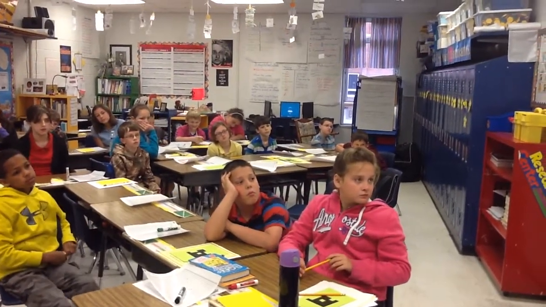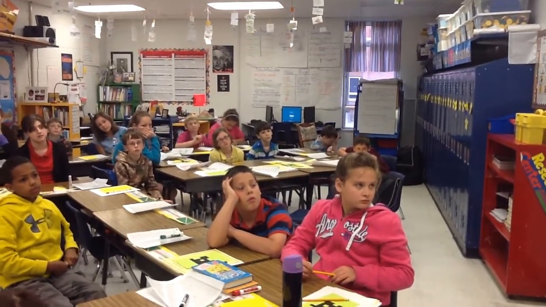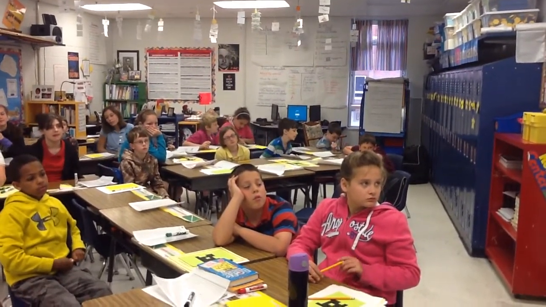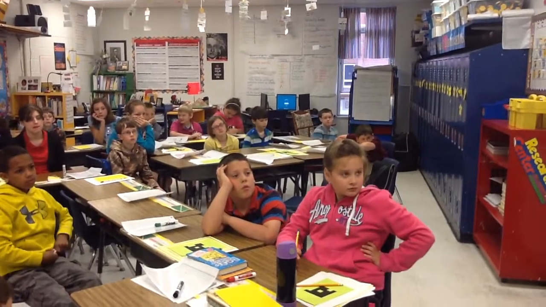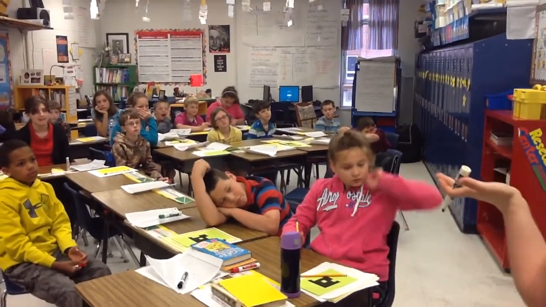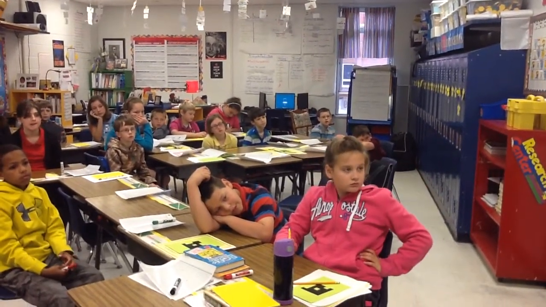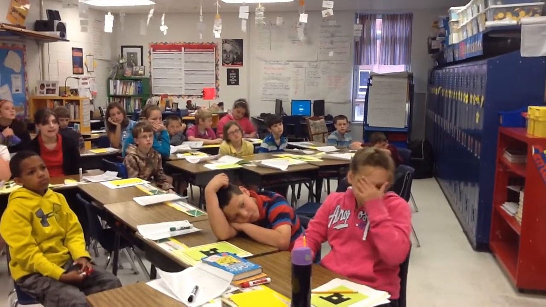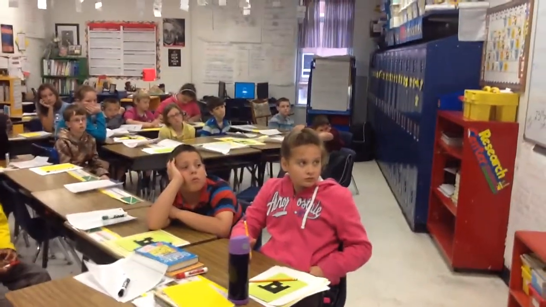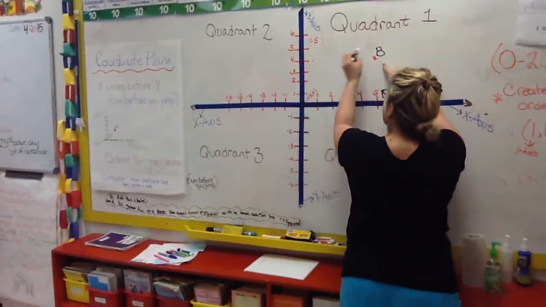If this was the point B, on my paper, my first point is B. So I have to think in my head. The first way that I write an ordered pair or identify an ordered pair is by the what axis? X-axis. So B is located 5 over and 4 up.